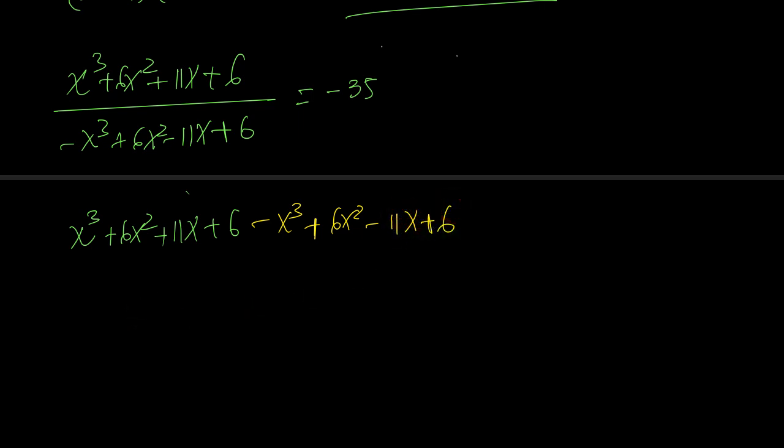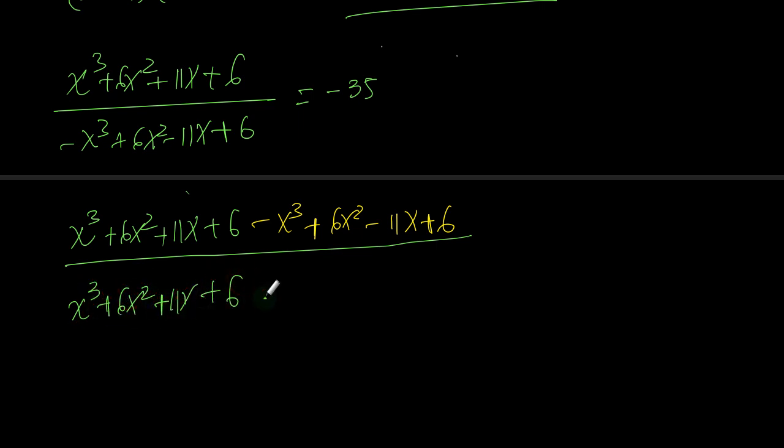Okay, now we're going to divide this by, we're going to keep this one, x to the 3 plus 6x squared plus 11x plus 6, and then this one here minus the denominator. Let me change the color to yellow again.